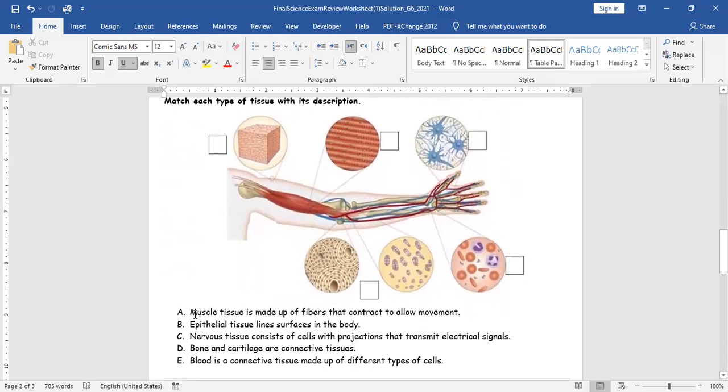As I said, there are different types of tissues: muscle tissue, epithelial tissue, nervous tissue, connective tissues such as bone and cartilage, and the blood, which is also a connective tissue.